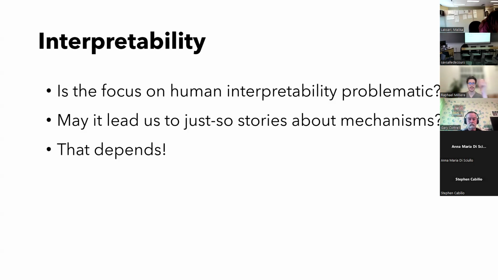I think that depends. I think it's an interesting question, but really the devil is in the details, and it depends specifically on what level of abstraction you're pitching your causal modeling.